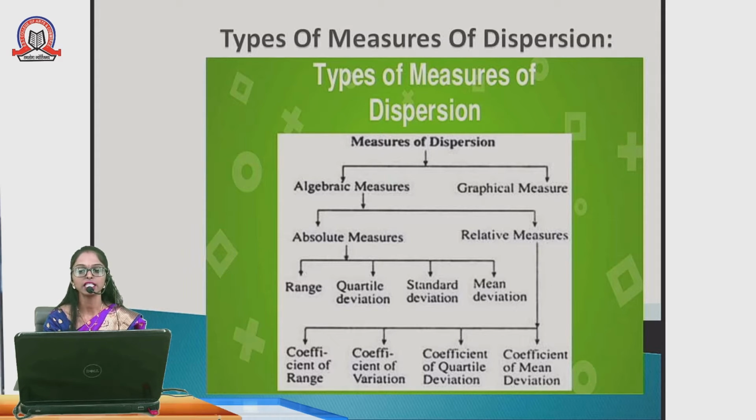And in relative measures, also four types are present. These are coefficient of range, coefficient of variation, coefficient of quartile deviation, and coefficient of mean deviation. In this video, we only see the absolute measures type.